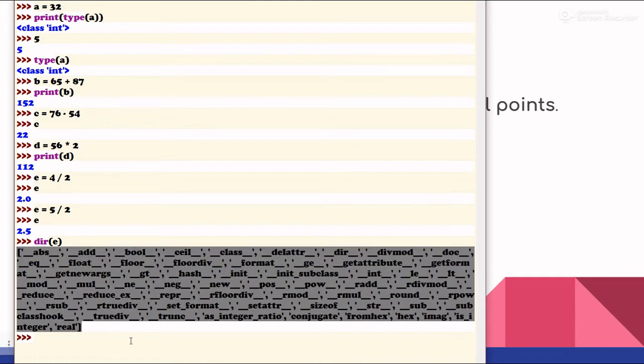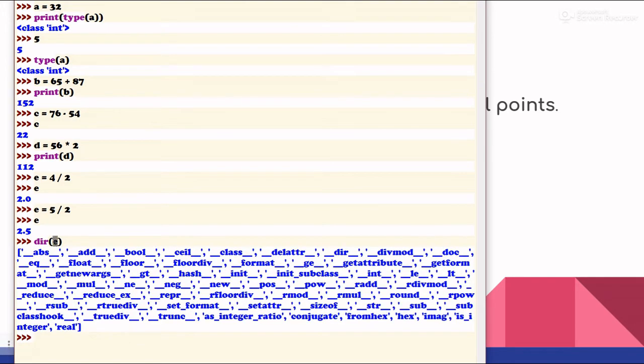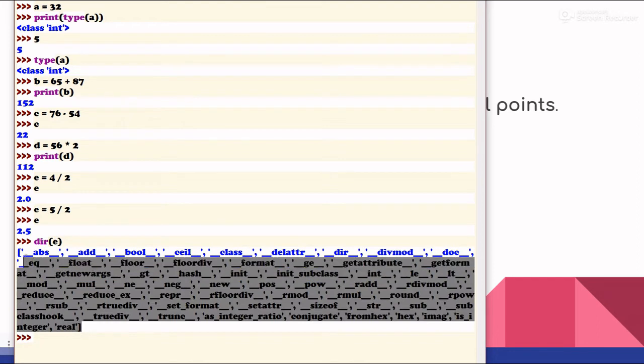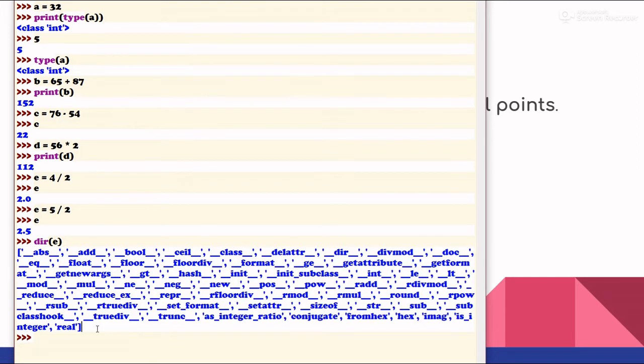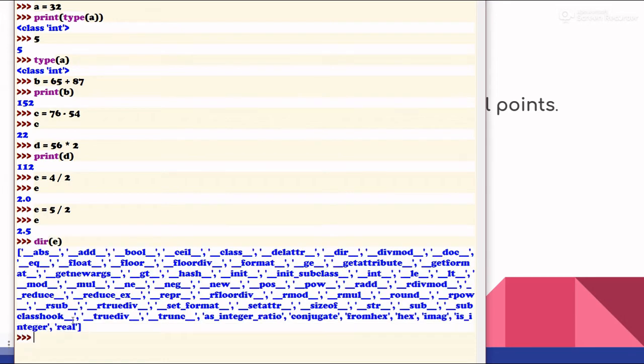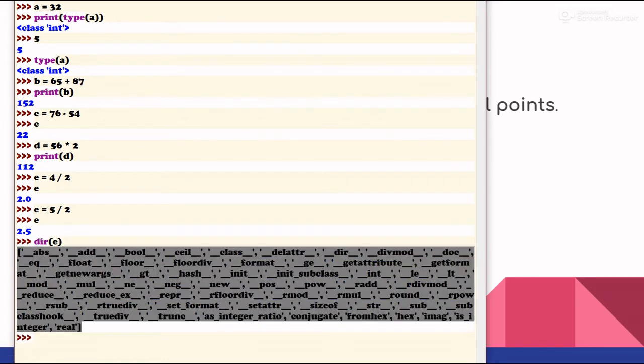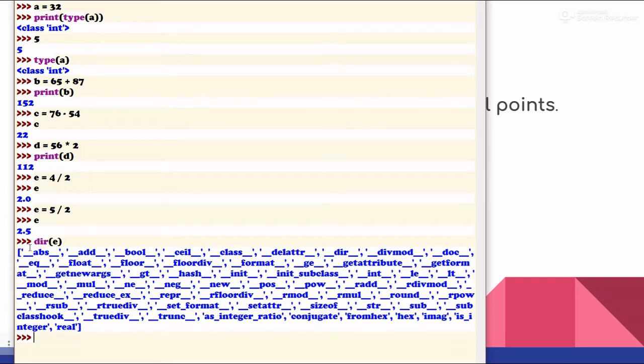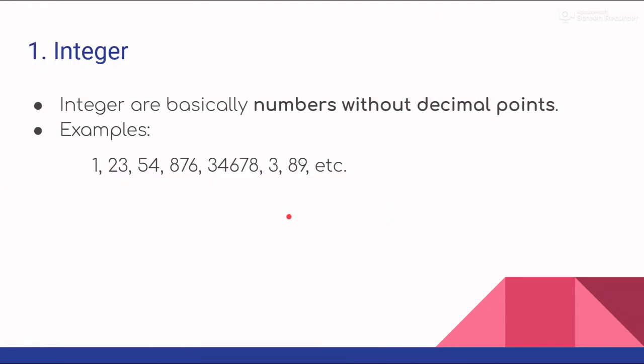For example, e is an integer, so it is showing all the things that we can use on an integer. So this is the use of the dir function. Don't worry if you don't understand this right now. I was just showing you. If you want to check the functions that you can use on an integer, you can just go ahead and look at that using the dir function.